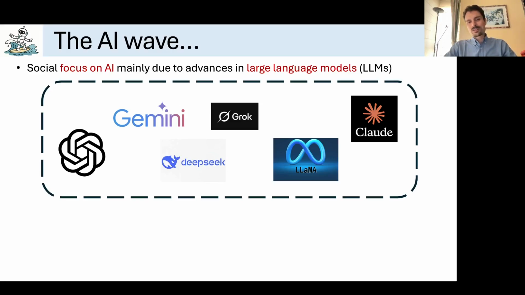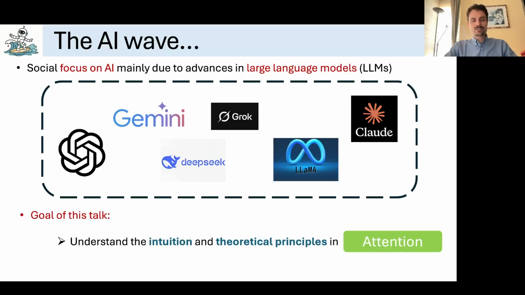There is a lot of buzz about AI. But it is quite interesting to see that most of the progress in these years is due to a rather simple idea in statistical learning, which is inner product attention. So in this talk, I would like to present this concept in a language that most of us can understand, starting from the intuition and gradually delving into the theoretical aspects.